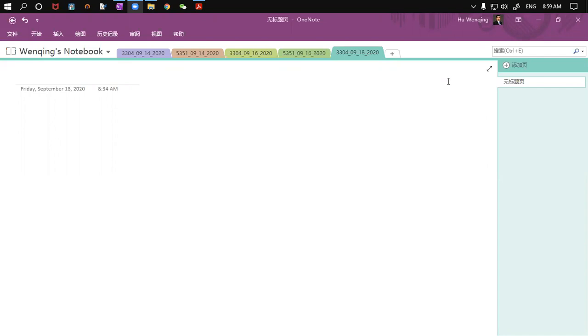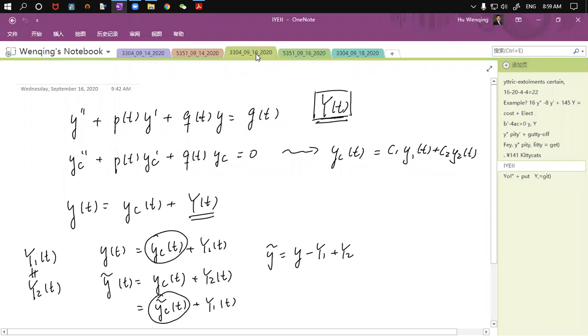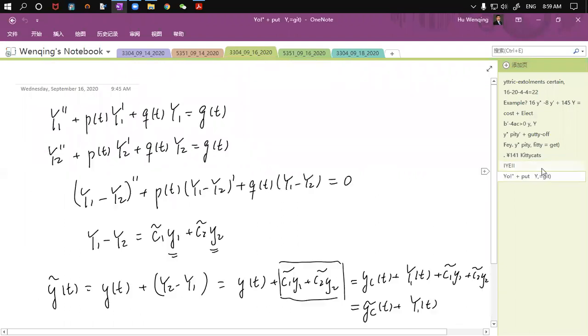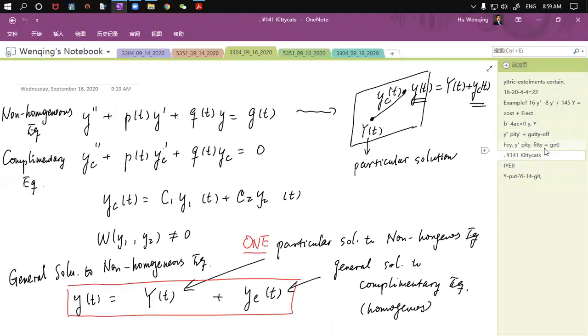Last time we had been starting to talk about the non-homogeneous equations. The basic theory says that if you would like to have a solution to the non-homogeneous equation, it suffices to consider just one particular solution of the non-homogeneous equation, as well as the so-called complementary solution.